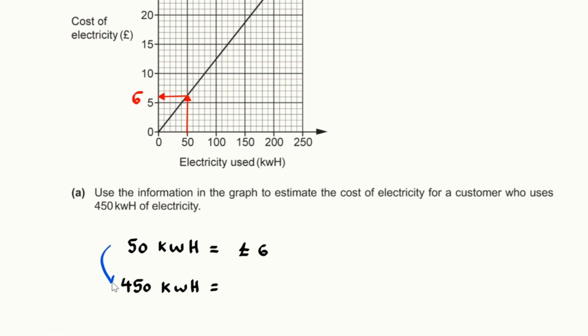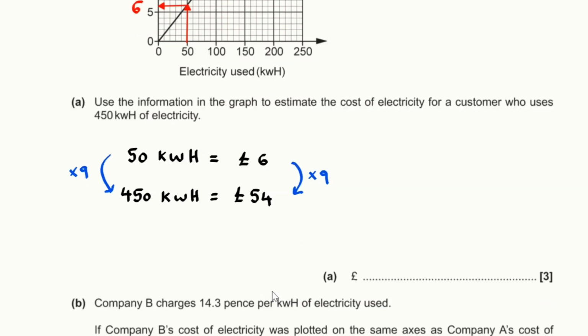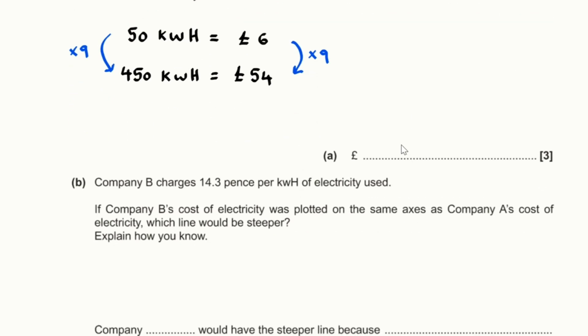So we need to multiply by 9, and if we multiply by 9, we get 54. So we have £54.